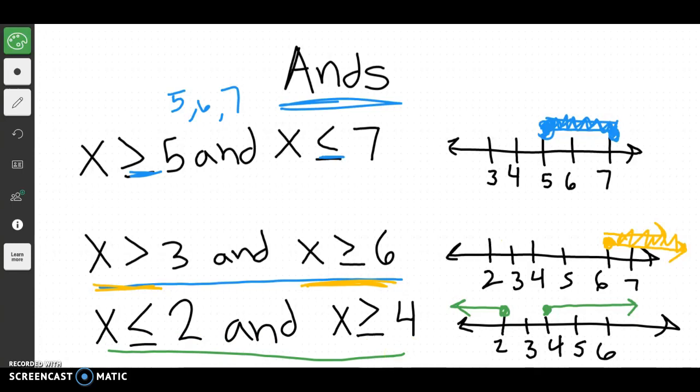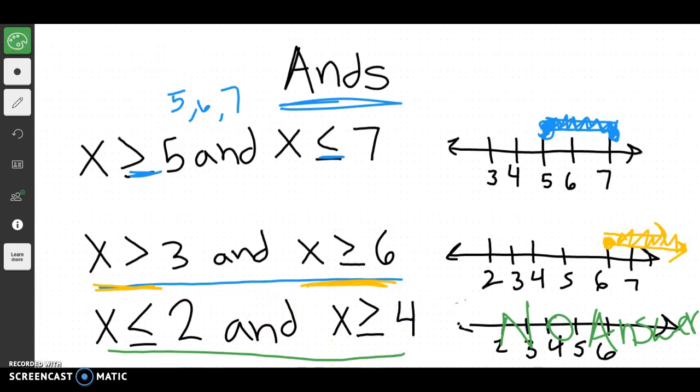Pick a number that's less than 2 and it's greater than 4. Well, there's no number that's less than 2 and greater than 4. So this one doesn't exist at all. We would say for this one, no answer. Because there isn't an answer. There is no number that is less than 2 and greater than 4.